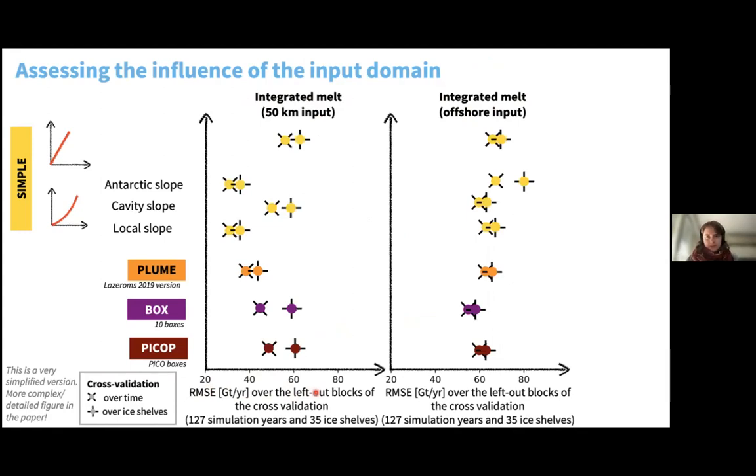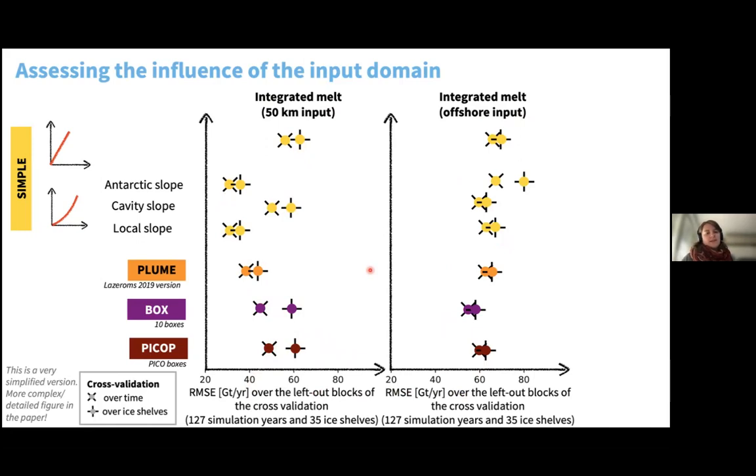The first thing you can see is that if we use temperature and salinity averaged over the offshore input, the RMSE is generally higher than if we use the properties closer to the ice shelf front, which is maybe not surprising, but it's nice to have it in a quantitative way. And then what we can also see is that the cross-validation over time, so that's the axis, leads to lower RMSE than the cross-validation over ice shelves, so both here and here.